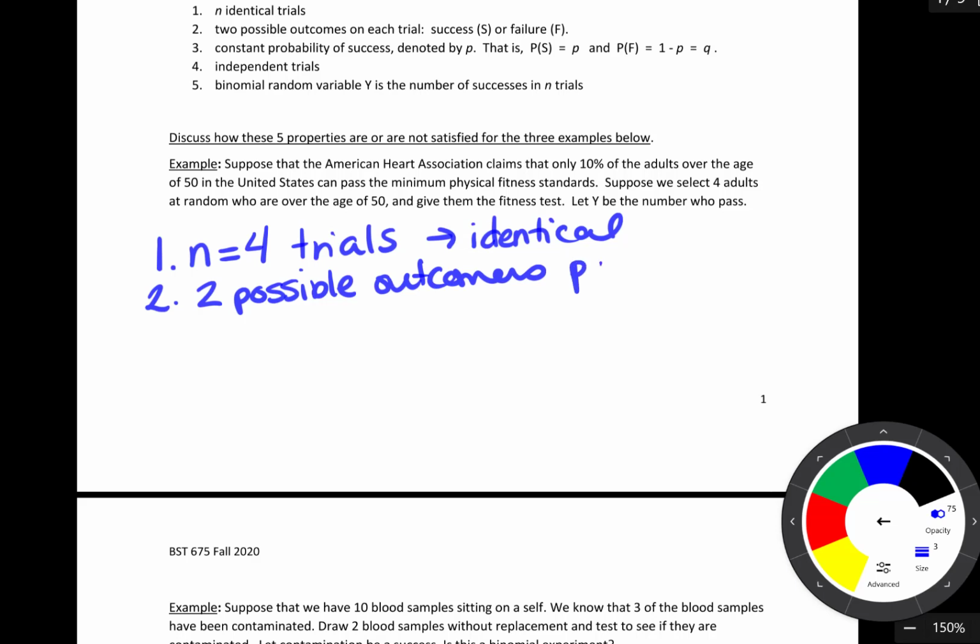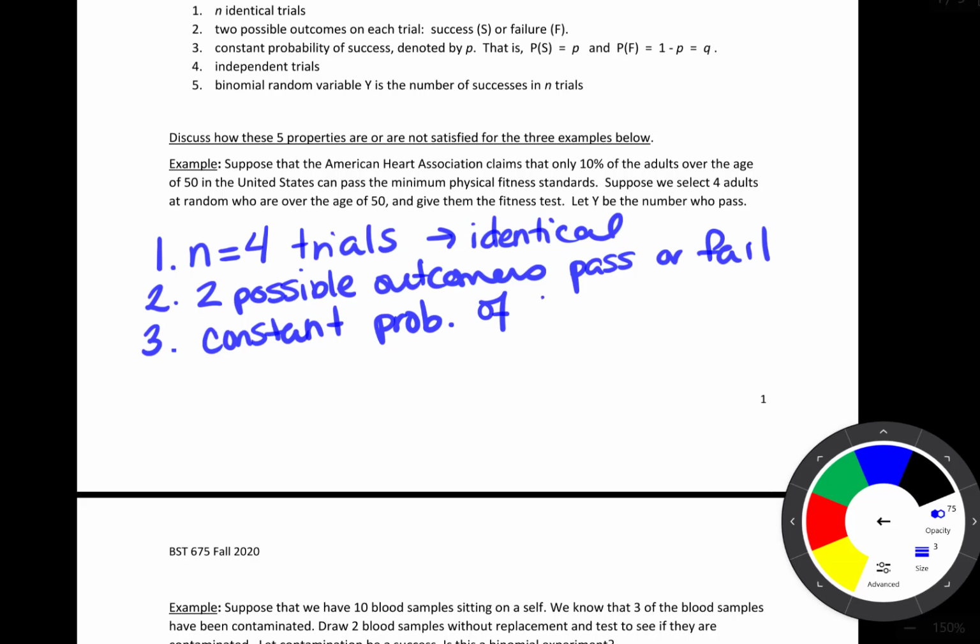They are either pass or fail. 3, we need constant probability of success. And so notice that for each person that we select, they have a probability of 10% of passing. So in this case, we do have that constant probability of success, and p is equal to 10%.